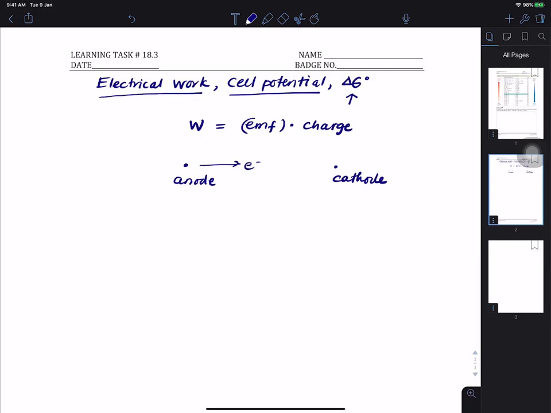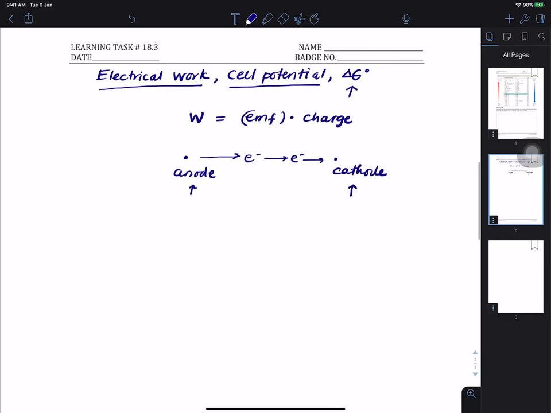That's why electrons are traveling from the anode to the cathode, because of the difference in the reduction potentials of these two substances. So we have a net pull of electrons toward the cathode. So it creates a voltage or the electromotive force or the cell potential.